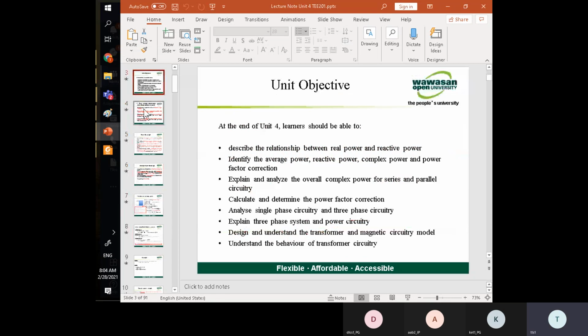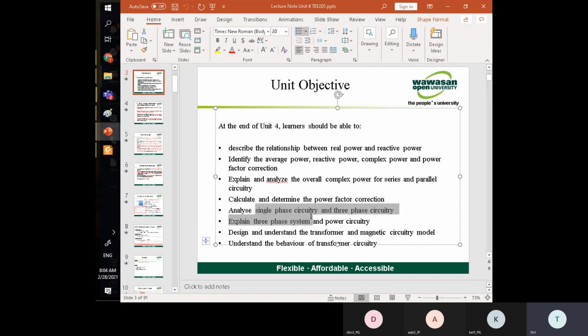Basically, this is unit 4, section 3. We're going to spend more time on this. The single phase circuit. The 3-phase circuit is just theory, but the single phase circuit is where we're going to spend more time.